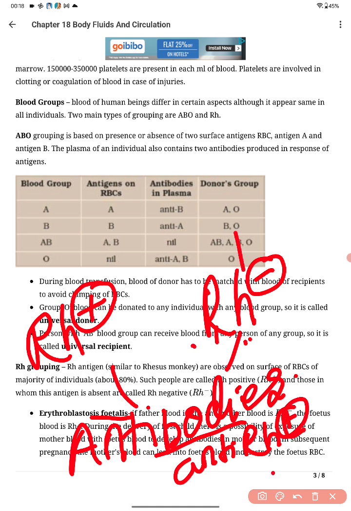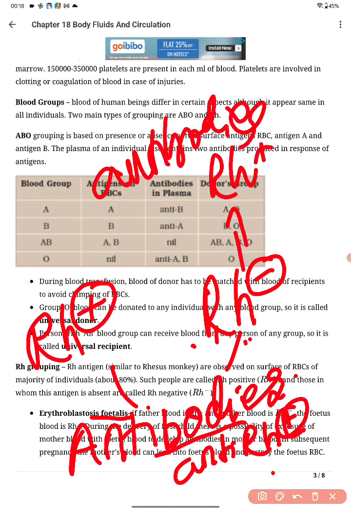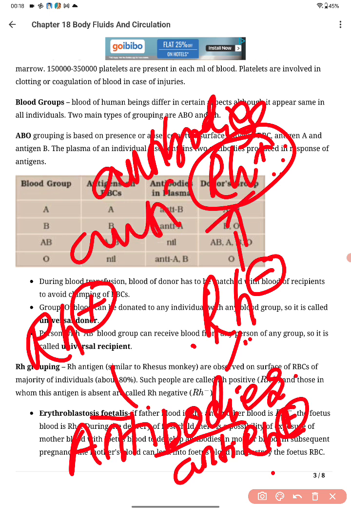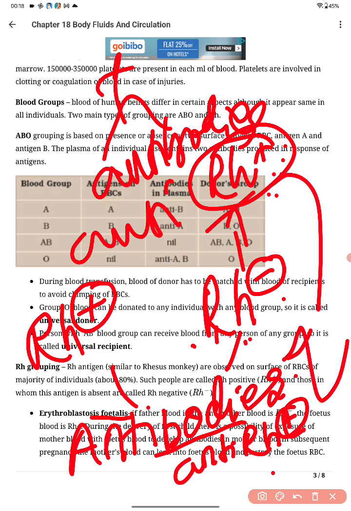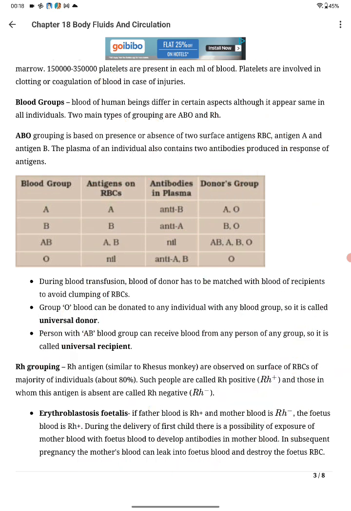So that whatever antibodies the mother is producing against the Rh positive antigen are neutralized in the mother itself, and these antibodies do not enter the second child. Okay, understood?